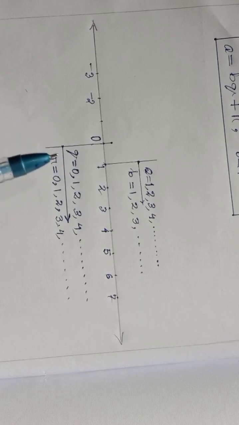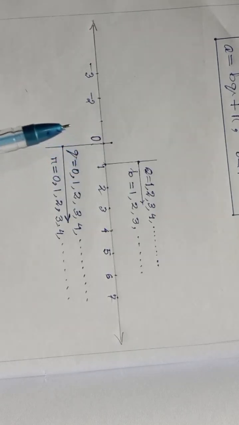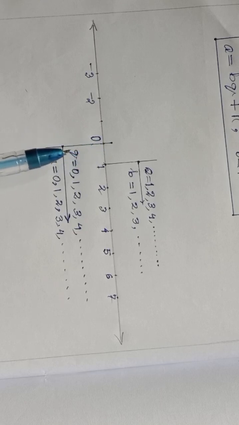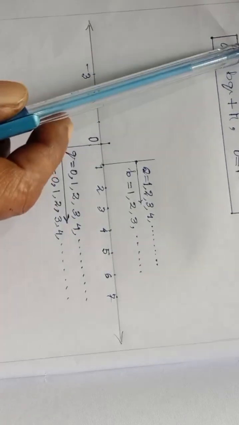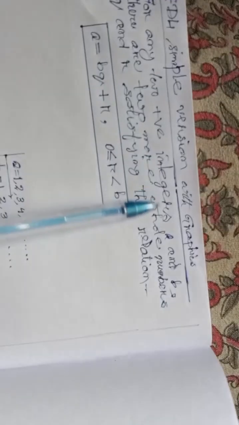But Q and R can take 0 value also. So generalize that Q can be 0, 1, 2, 3, 4 and up to infinity. R is equal to 0, 1, 2, 3, 4, up to infinity. Okay, this is the thing what he says in his statement.